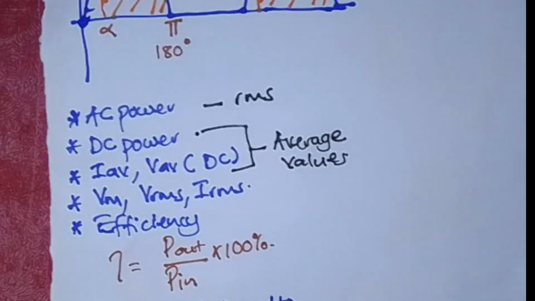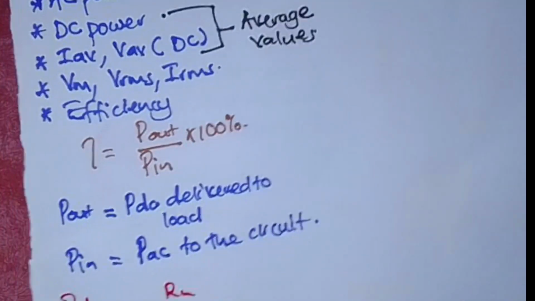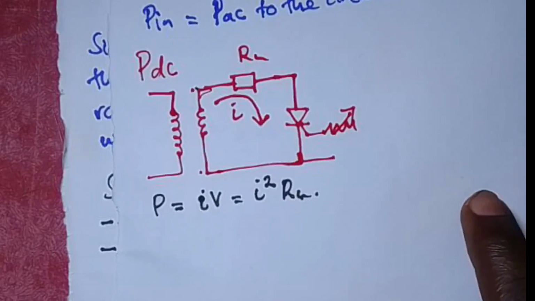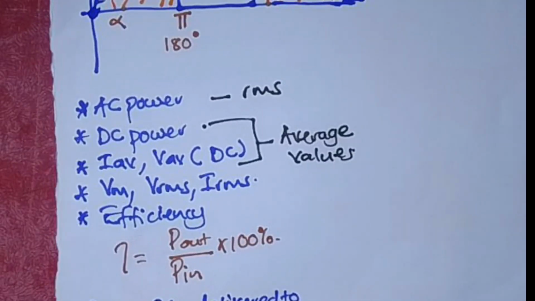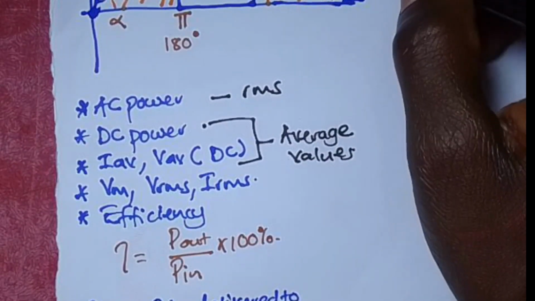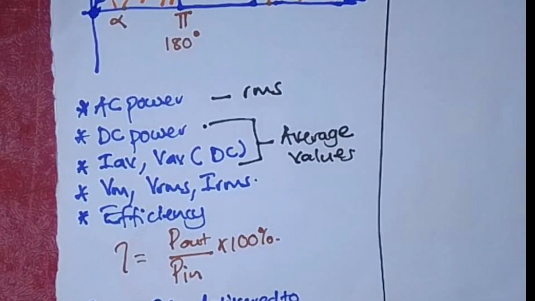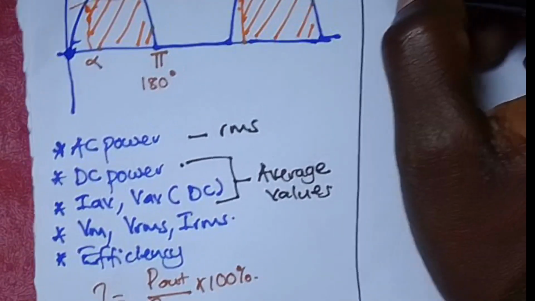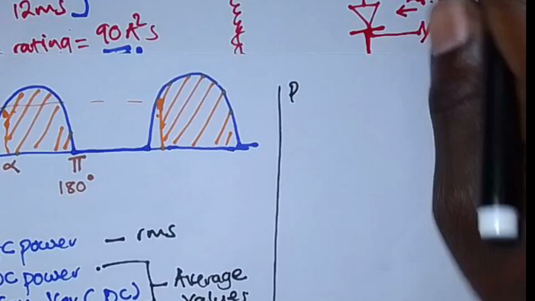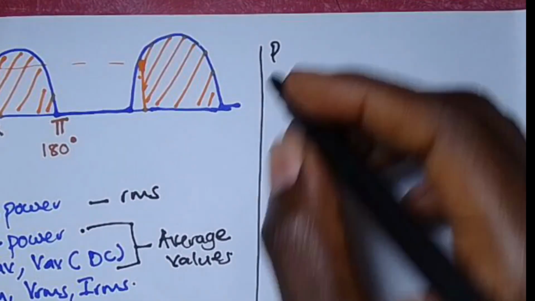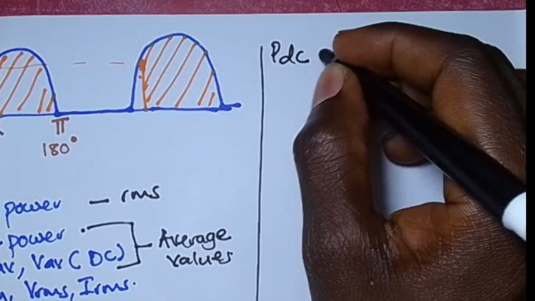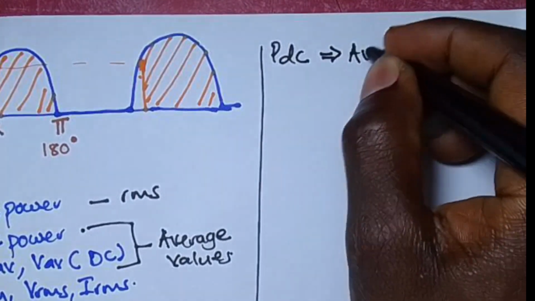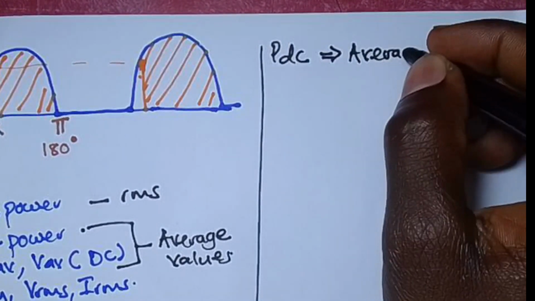For example, let's say we are looking at the DC power. For PDC, we are going to consider the average values.